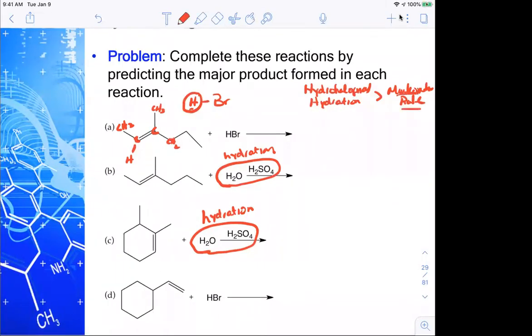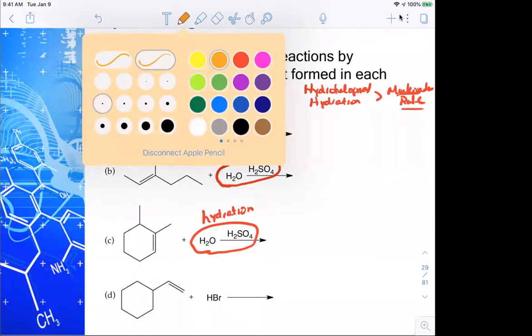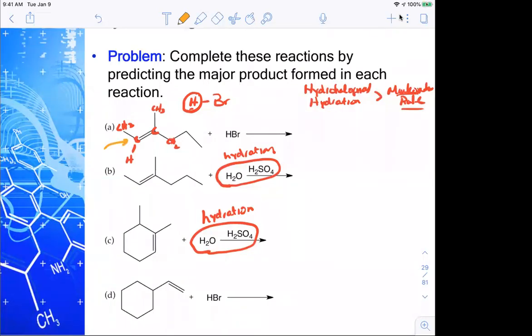And there I'm going to use Markovnikov's rule for that. So when I look at it, this carbon has 1 hydrogen. This carbon has 0 hydrogens. So this is the carbon that the hydrogen should attach to. So this hydrogen should end up on that carbon.